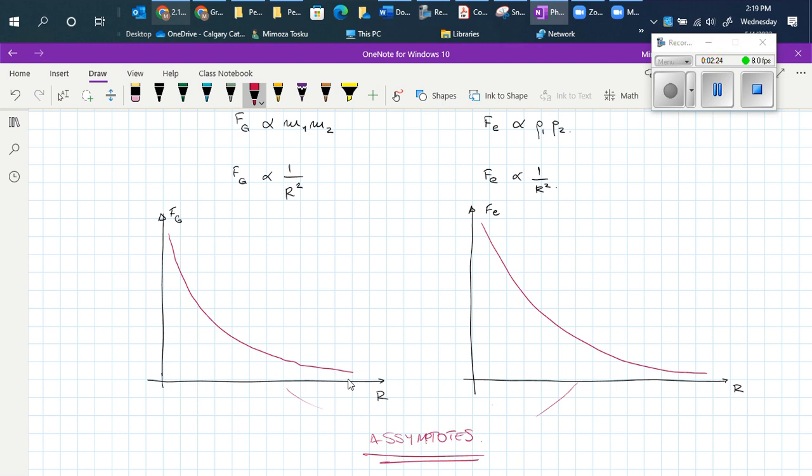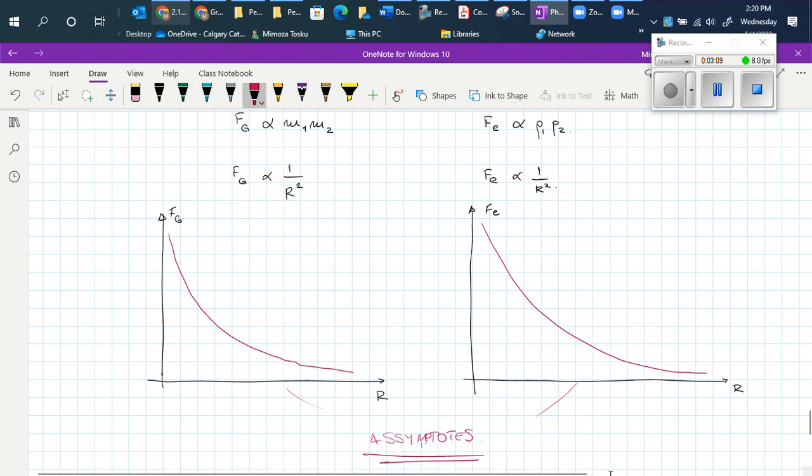So this is telling us that when an object has a charge, it doesn't matter how far you place it, there will still be a small effect on the other charges that originally were probably close. So the force, either gravity or electrostatic force, will exist no matter how far apart you put two charges. It will be very small, but it never touches those two axes.